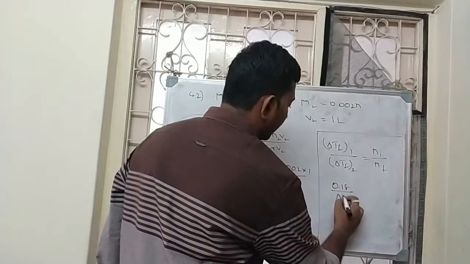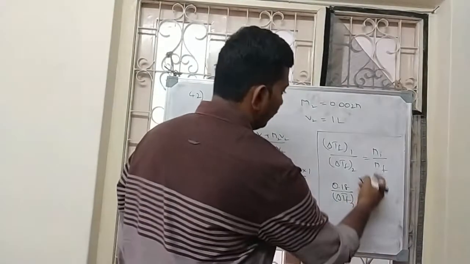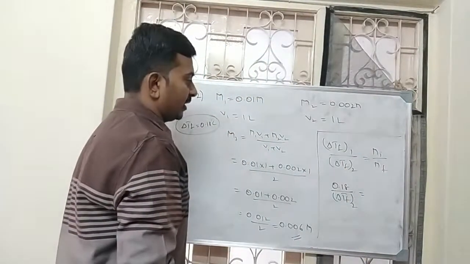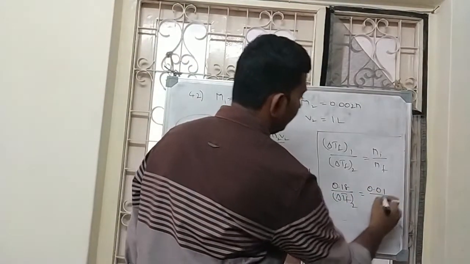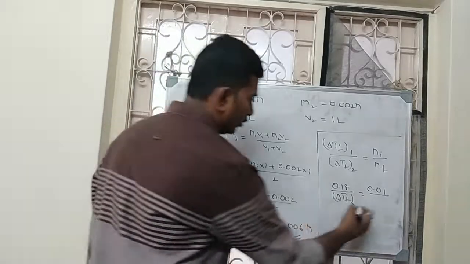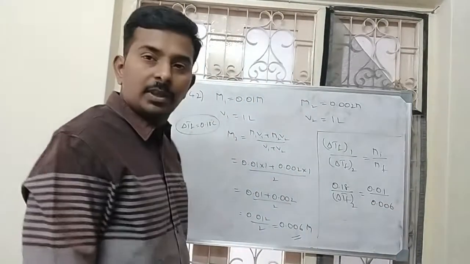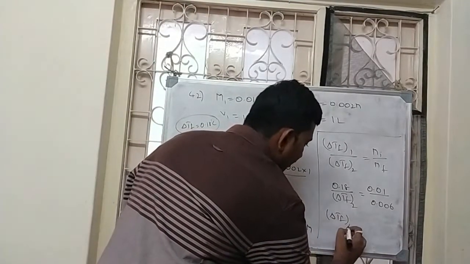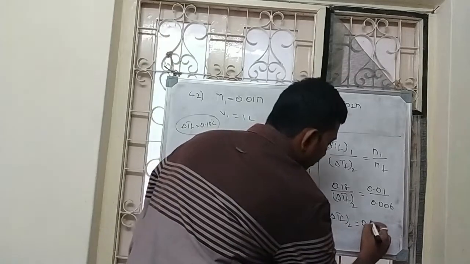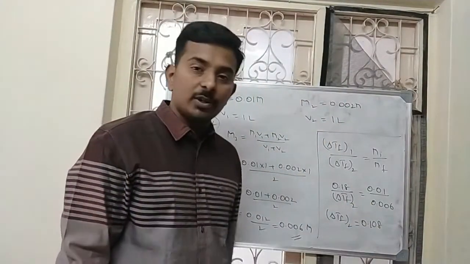So we need to calculate the depression in freezing point, which is equal to initial concentration by final concentration. Initial concentration is 0.01 by final concentration of the solution is 0.006. So what will be this value? So depression in freezing point of this solution will be 0.108. If we simplify this, we will get 0.108.